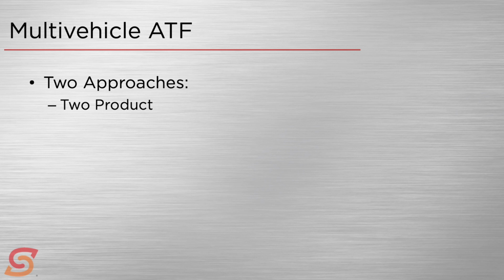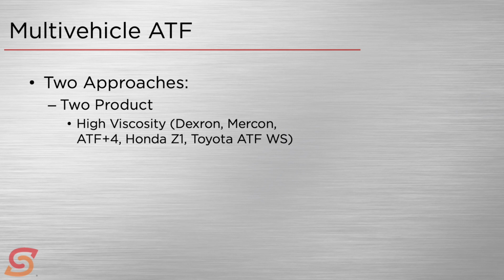So there have been two approaches to trying to make more universal transmission fluids. One is the two-product approach. You have a high viscosity product that meets your Dexron, your Mercon 5, your ATF+4, and certain Honda requirements. And then you carry another product that's a low viscosity product, so it meets the DW1 and the Mercon LV and the Dex 6.